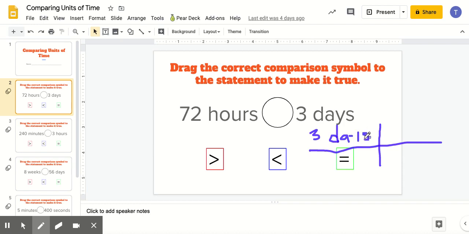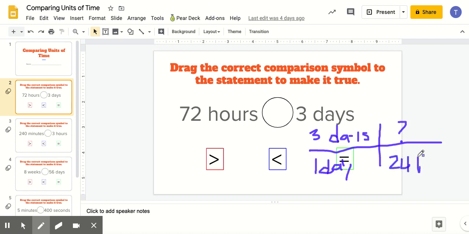And we don't know how many hours 3 days is, so I'm going to put a question mark over here. If you look at your star reference chart, you know that 1 day is equal to 24 hours. So over here, I'm going to put 24 hours.